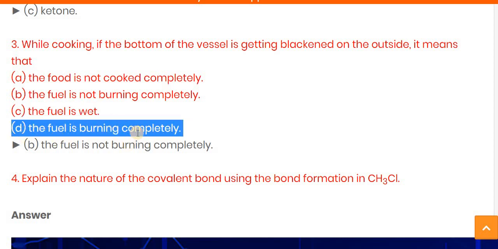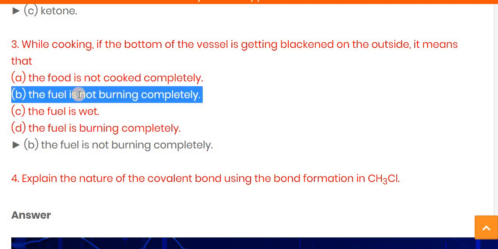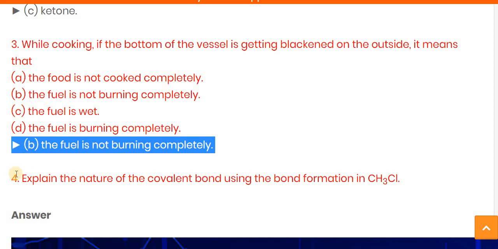If the fuel is burning completely, then there is a blue flame, and due to the blue flame the vessel does not become blackish. So the answer is B. The fuel is not burning completely because due to incomplete combustion only the black sooty flame occurs, and due to that the vessel becomes blackish. So the answer is B, the fuel is not burning completely.